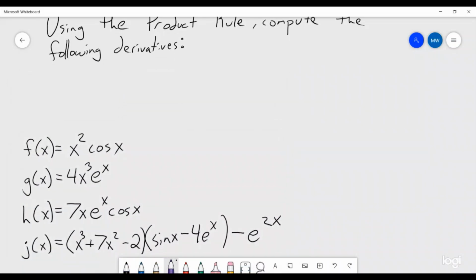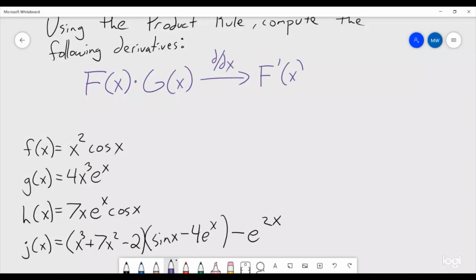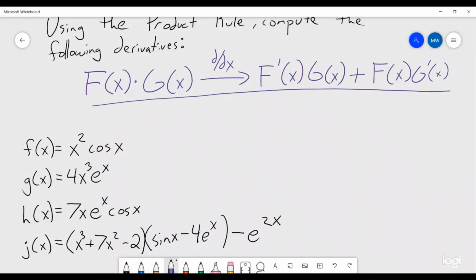So if we have a function f of x times g of x, then the derivative of this is going to be f prime of x times g of x plus f of x times g prime of x. This is the product rule.